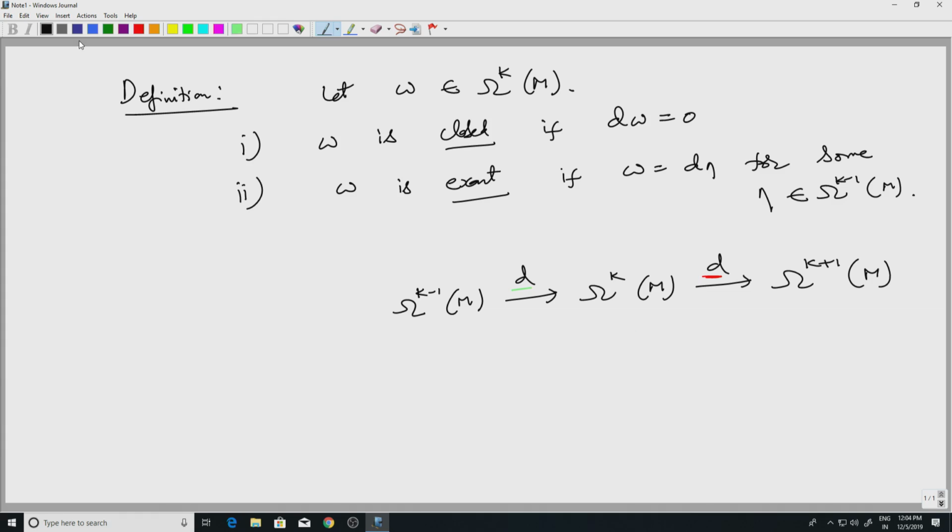Let's make some observations about these two conditions, and then I'll give an example.